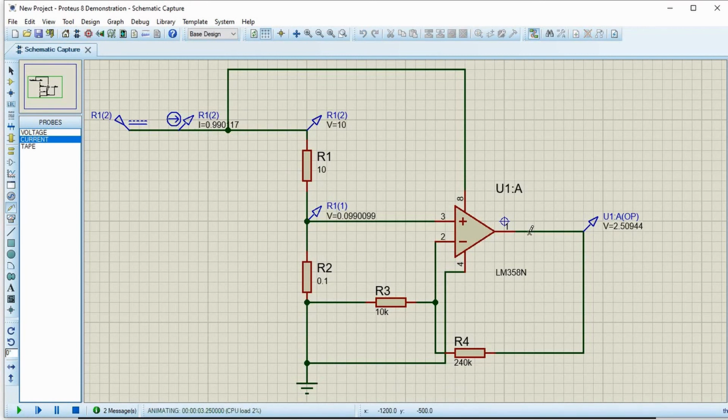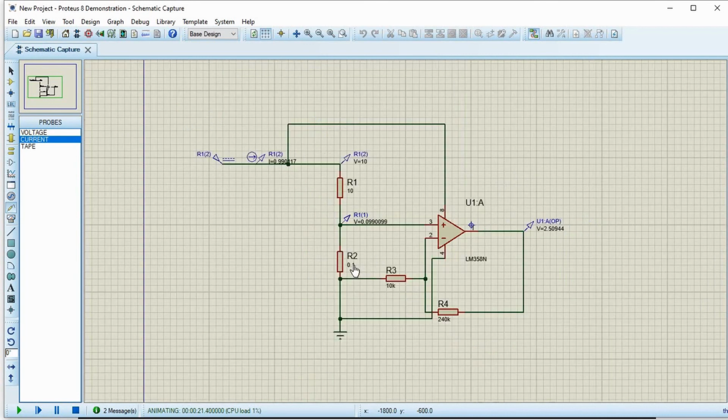When you have 1 amp here, you are going to get 2.5 volts here. So when the load current varies from 0 to 1 amp, you are going to get 0 to 2.5 volts here. You can use this in your embedded circuit or your analog circuit to find out the current flowing through the load using a sense resistor, which is pretty low. So this is an example of an amplifier.